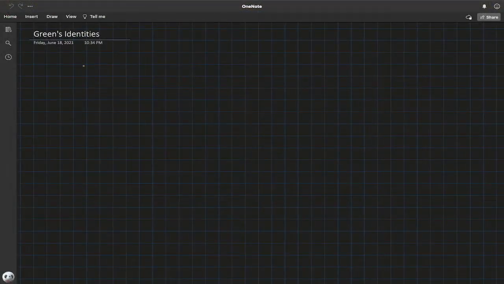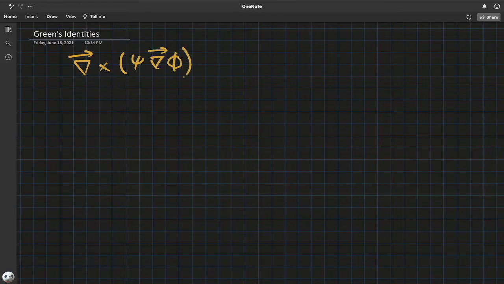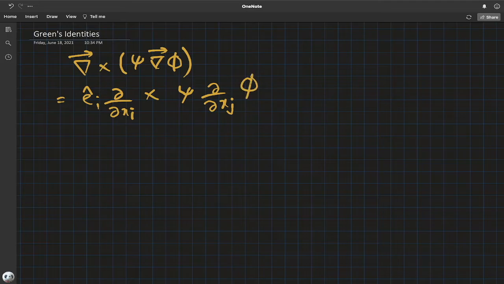Okay, what if we have the curl of, say we have two scalar functions, psi and phi, psi gradient phi. So again, subscript summation convention, crossed with psi partial xj phi ej.